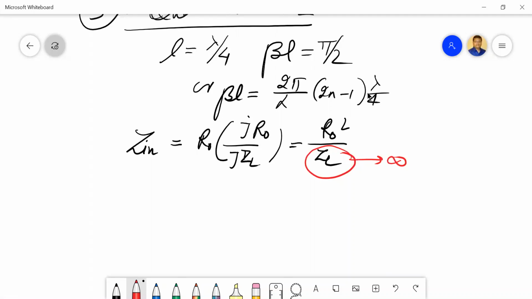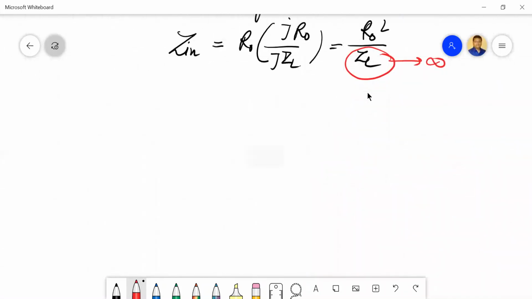And when ZL is 0, short circuit, then Zin will be infinity, meaning open circuit. This is the beauty: you can exchange between short circuit and open circuit by placing the proper load condition at the end, open or short.